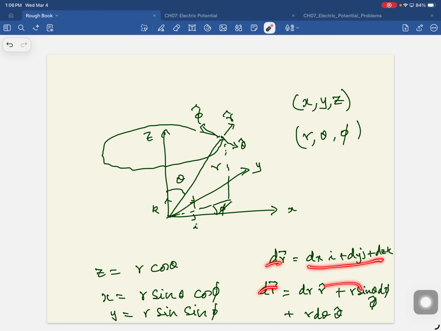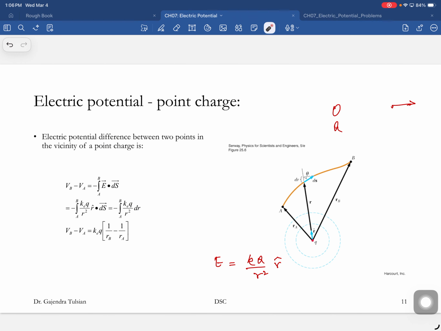This is in English, this is in Spanish. It's just a different language. Why do we use different languages? If you're in Chile, you don't want to be talking English, you want to be talking Spanish. This is more convenient. So if you're doing this line integral, you don't want to do it in Cartesian coordinates, you want to do it in spherical polar coordinates. I'll show this to you in a second.